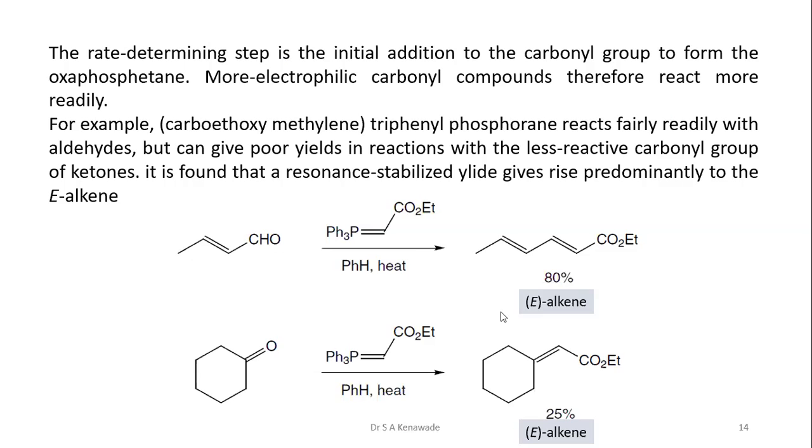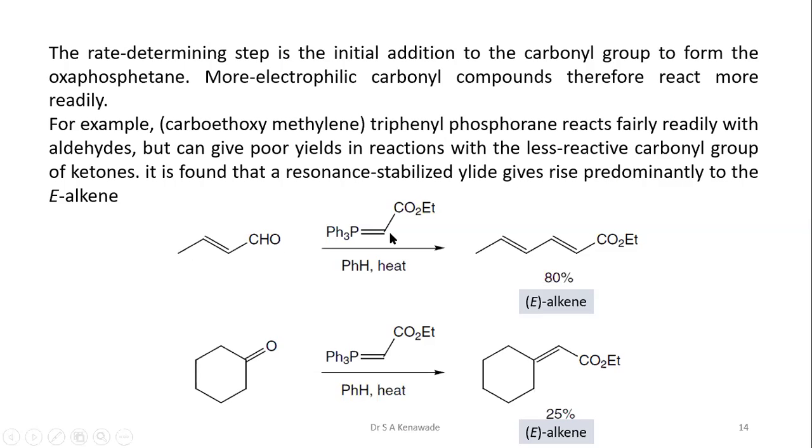In this example, carboethoxymethylene triphenylphosphorane reacts fairly with aldehyde, but does poorly in reaction with the less reactive carbon of the ketone. It is found that a resonance stabilized aldehyde gives predominantly the E alkene.